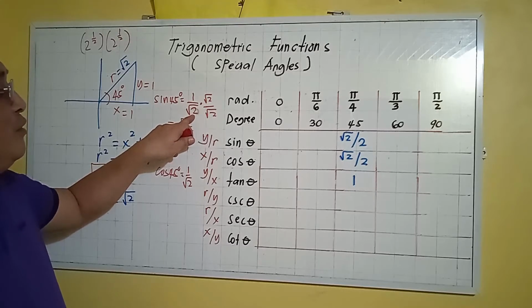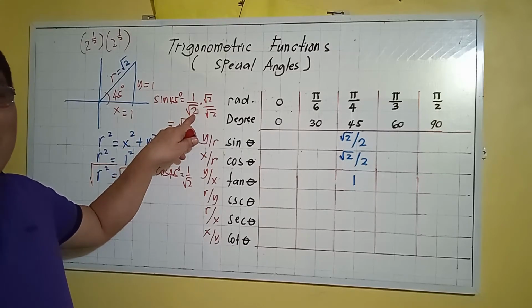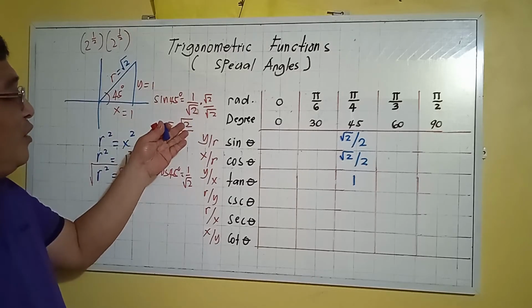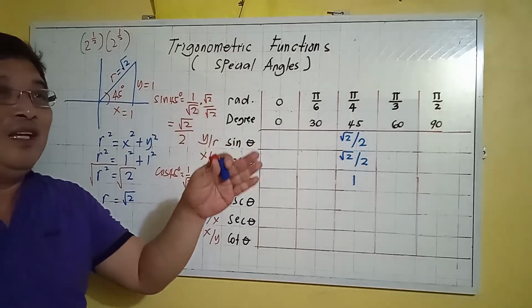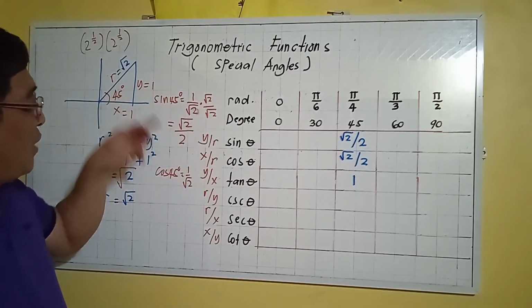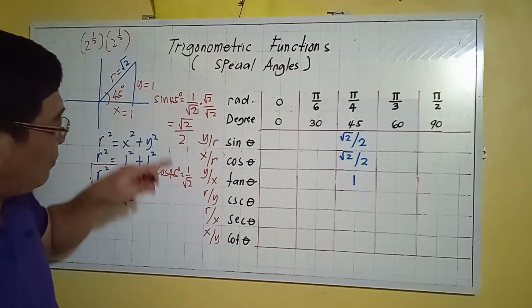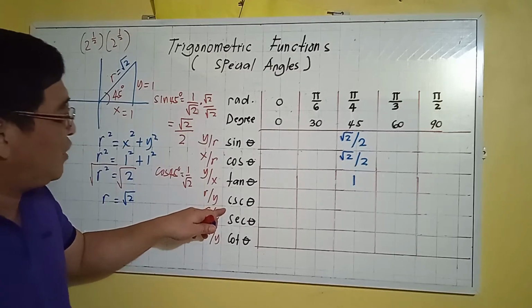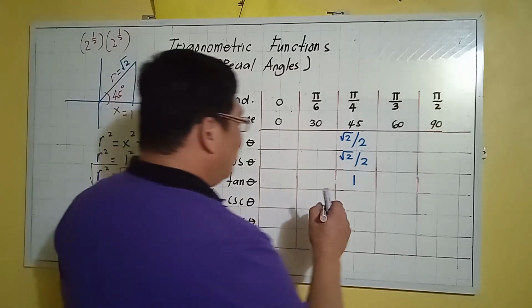Mawawala na yung square root sign dun sa denominator kasi mapunta sa denominator is 1 pag ni-reciprocal natin to. Tanggalin natin yung 1 kasi hindi na significant yung divided by 1. So we have our reciprocal of sine 45 which is cosecant 45 degrees is equals to square root of 2.